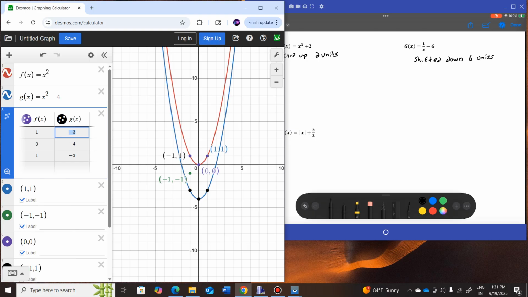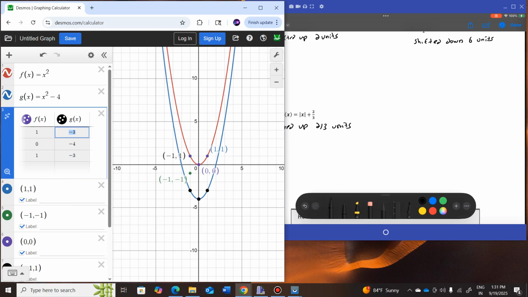And the absolute value of x plus 2/3 shifted up 2/3 units. And you can draw the graphs on here. I'm just going to put them on Desmos and actually draw them.